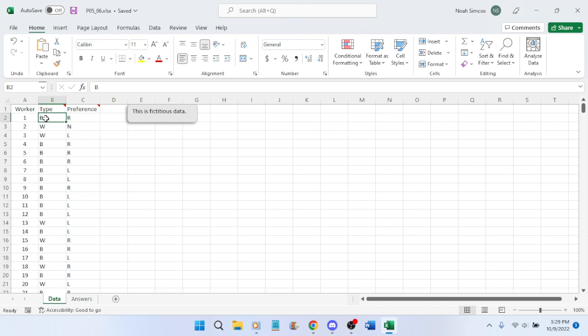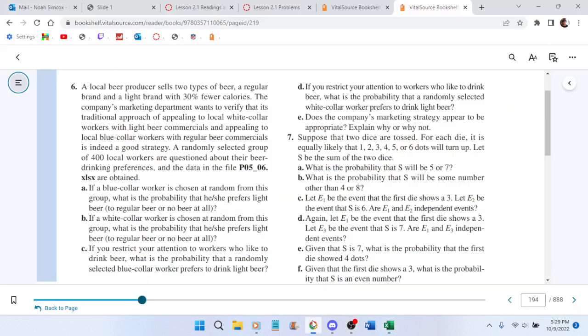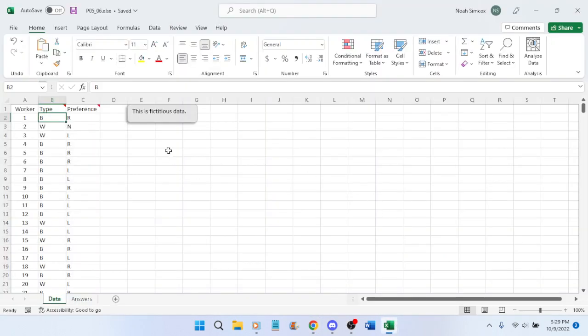What I need to do is find how many B and BLs there are. That's all I need to find out: how many BLs are there, divided by how many B's there are total.